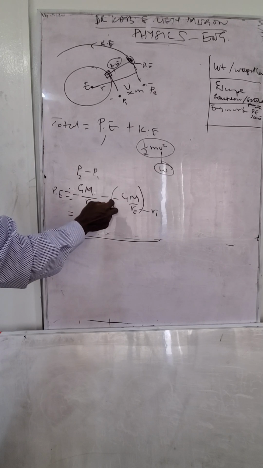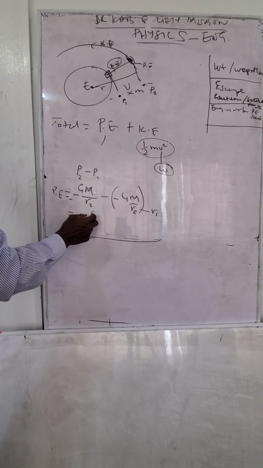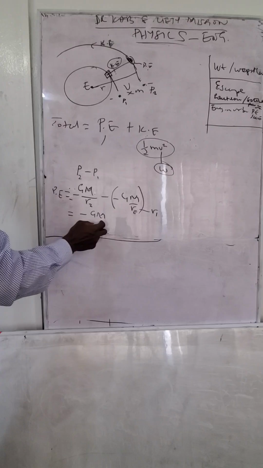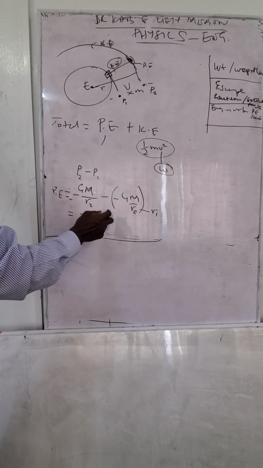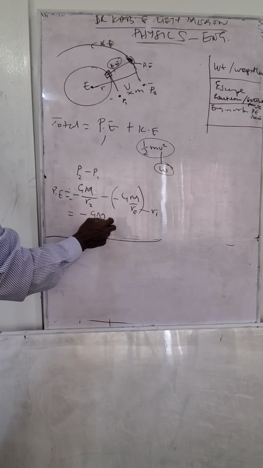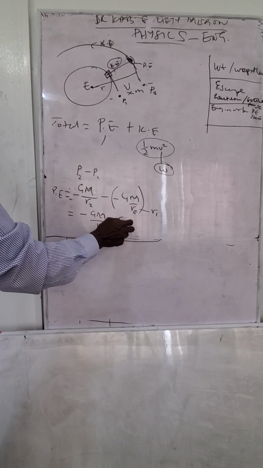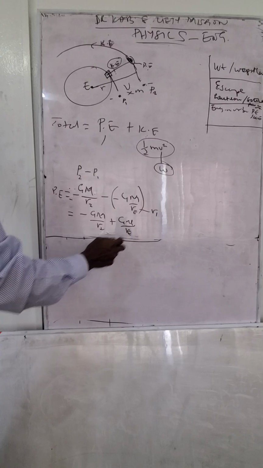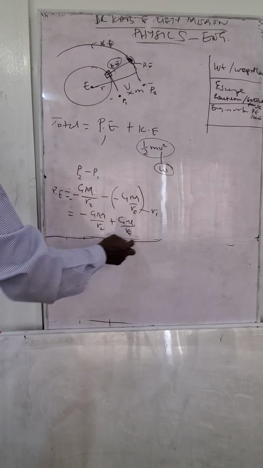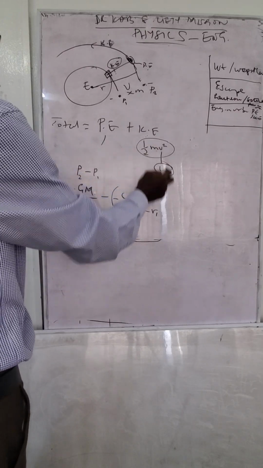Then we have GM over R2 plus GM over R1. That's the total potential. And this is the kinetic energy.